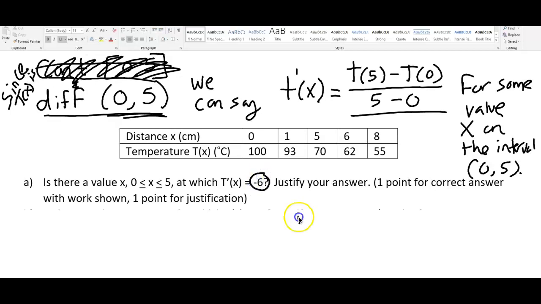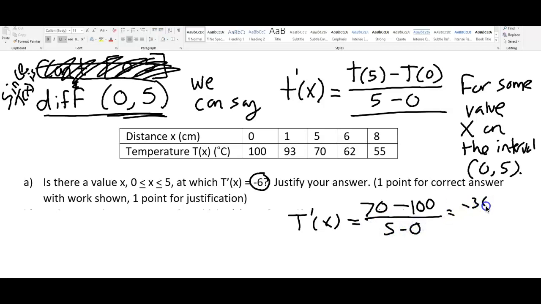So let's see if that's true. So T prime of x is equal to T of 5 would be 70. T of 0 would be 100. 5 minus 0 on the bottom. Negative 30 over 5 is negative 6. Boom. We've proven it. So there it is.